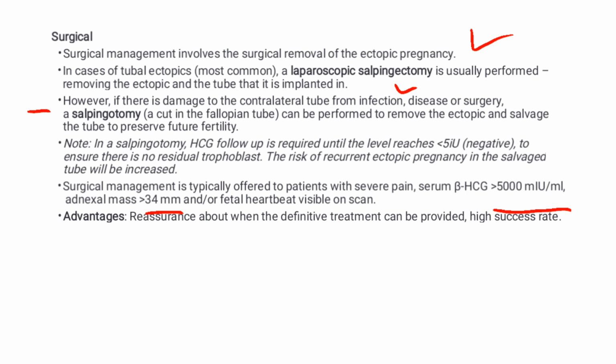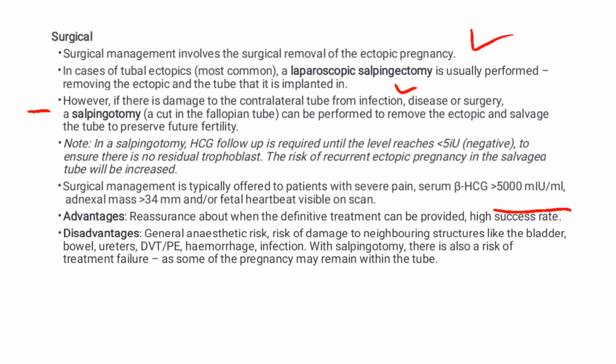Okay, then advantages of surgical management: we have reassurance about when the definitive treatment can be provided, and there is a high success rate. The disadvantages: we have general anesthetic risk, the risk of damage to neighboring structures like the bladder, bowels, ureters, DVT or pulmonary embolism, hemorrhage, infection, and with salpingotomy there is also a risk of treatment failure, as some of the pregnancies may remain within the tube.